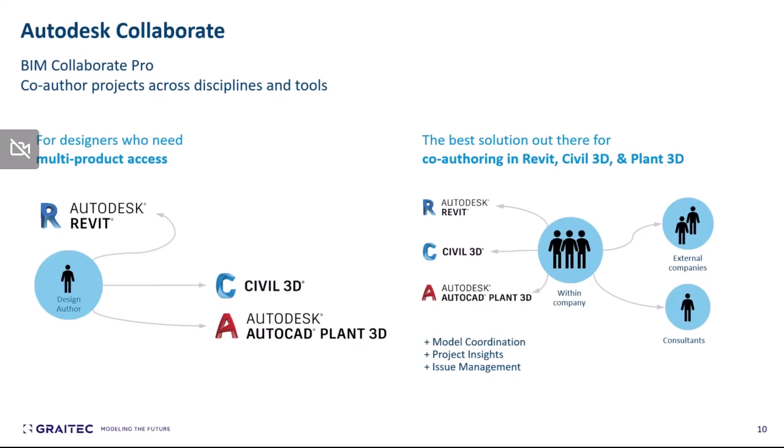So if we are wanting to have a central model and work share within Revit, then we can work share that model into our ACC common data environment, and then obviously we can have all of the other design disciplines, including our civil engineer and any of our plant design specialists, allowing them to collaborate and work share their models with us so that we have one unified model or federated model that we can all work off, review and make sure that everything is coordinated.